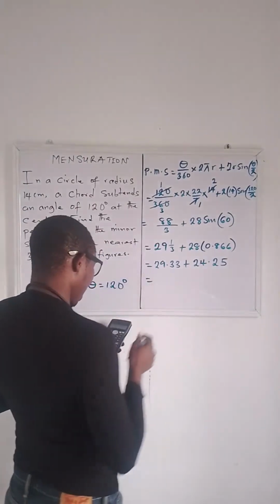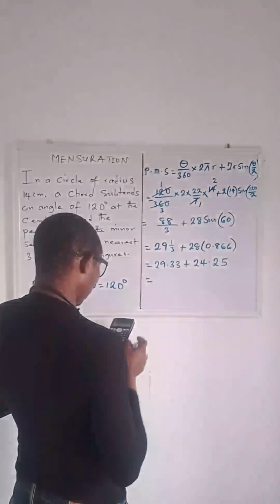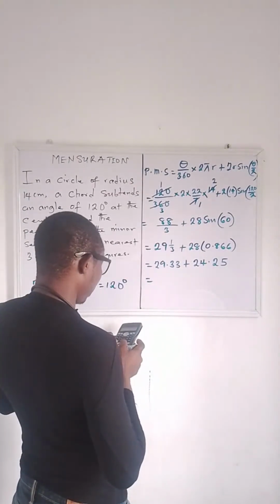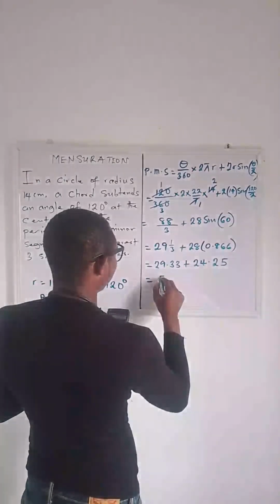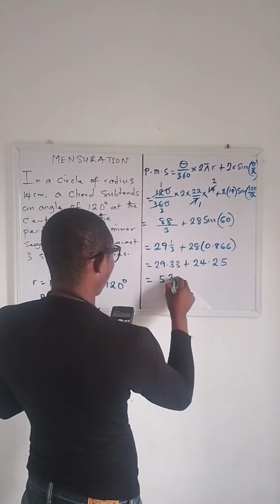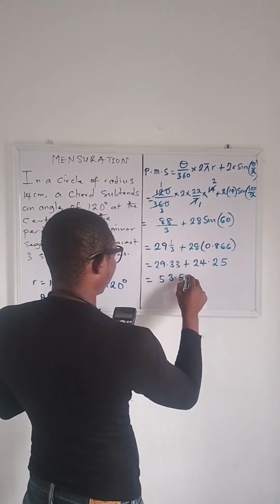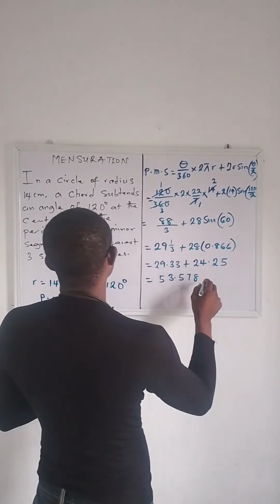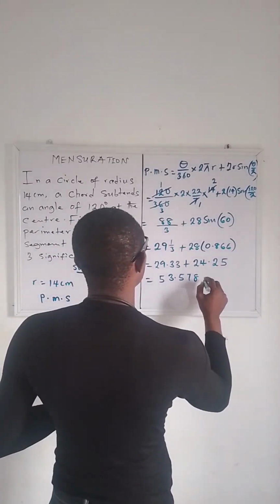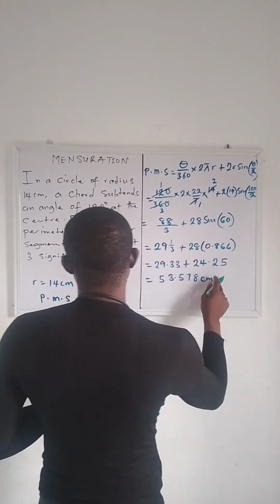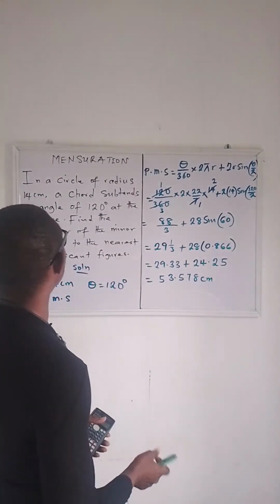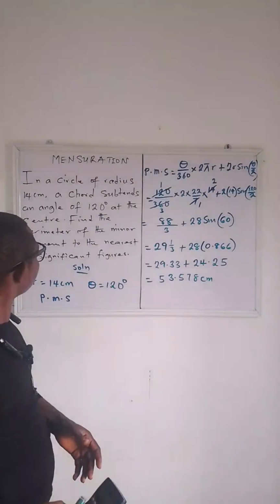Now we can add that to 29.33. So when you add together, you have 53.578 in what? In centimeter. Okay, so that will be in centimeter.